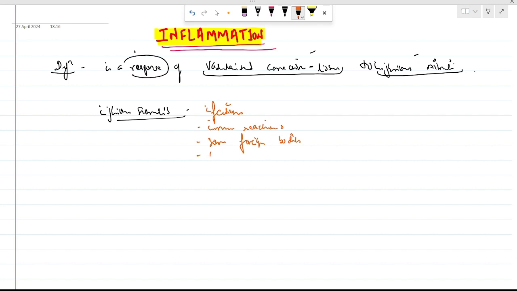Then there is tissue injury. Okay, out of these, the all important are infections and tissue injury. Also, immune reactions and foreign body presence cause inflammation.